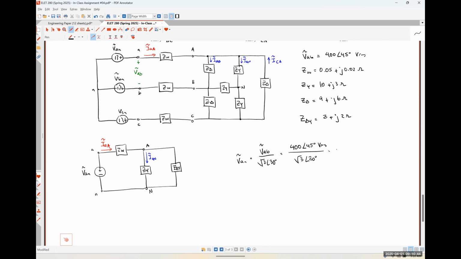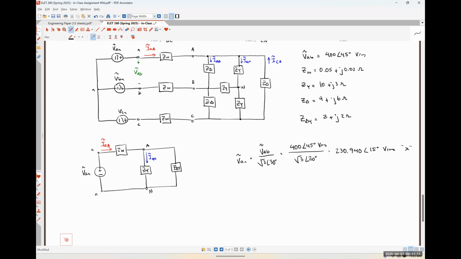I get to be 230.940 with an angle of 15 degrees volts RMS. And for what it's worth, I'm going to store this in my calculator as X so that I don't run into any rounding error in this particular problem, just because I'm worried about it compounding too much.